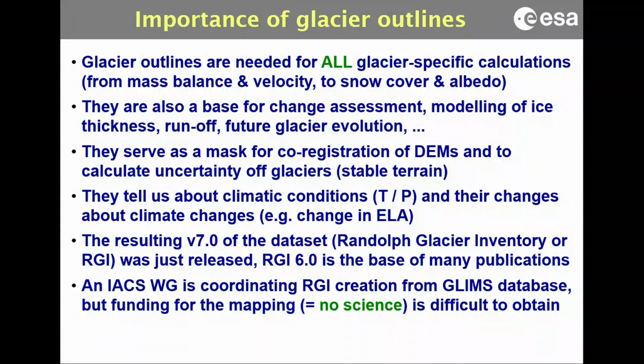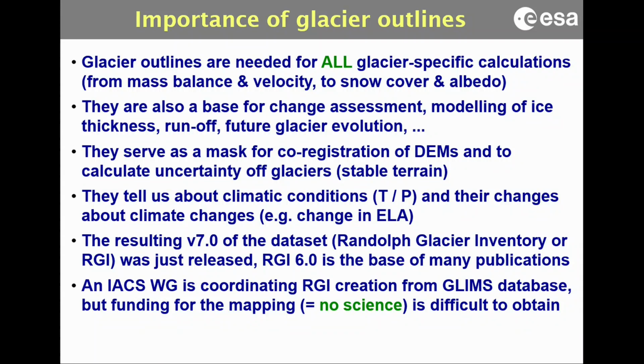And the creation of this Randolph Glacier Inventory is coordinated by a working group of the International Association for Cryospheric Sciences. And of course, this group works basically without funding, as it is very hard to obtain funding from scientific, mapping for the purpose of just mapping, because this is no science.